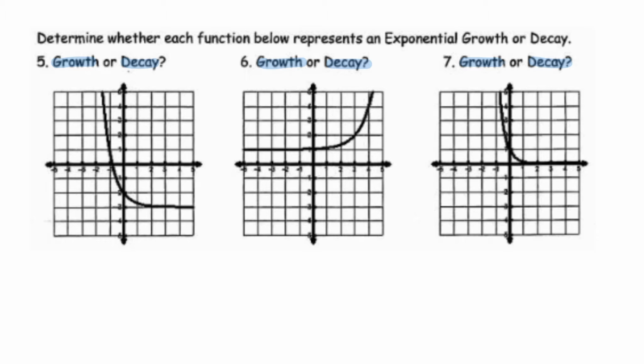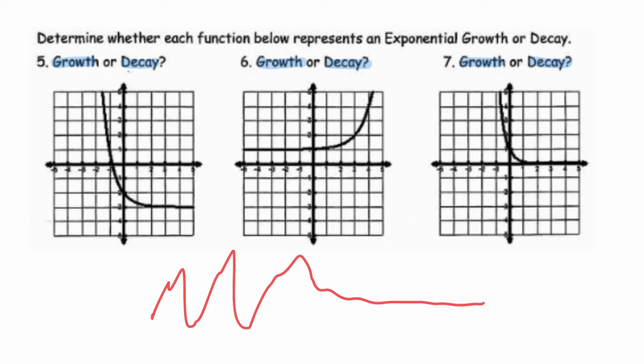If something is decaying, its value of y is neither shooting up or down, but it's basically falling to a certain amount. I like to think of it like a heart rate. A heart rate of a decay is kind of like flatlining. You have this heart rate that's going through here, and as long as it's up or down, you're okay. But once that thing flatlines like that, you're not in good shape. That's a decay situation.